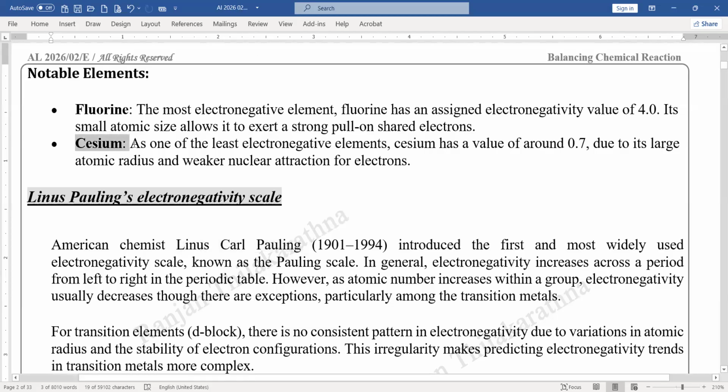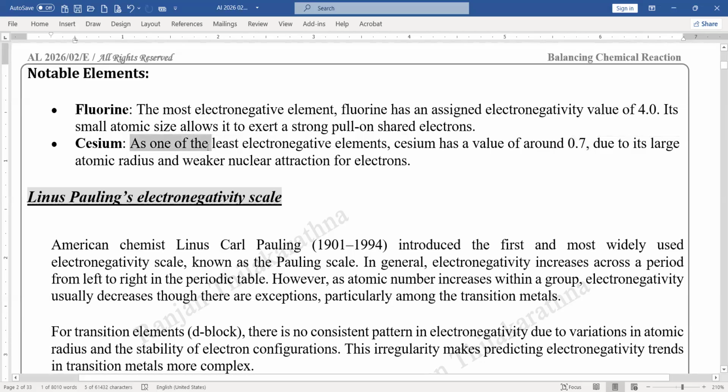And the other thing is cesium has the lowest electronegativity. Cesium has the lowest electronegativity because cesium is the biggest atom, so it has the smallest electronegativity value, and it has been set to 0.7.